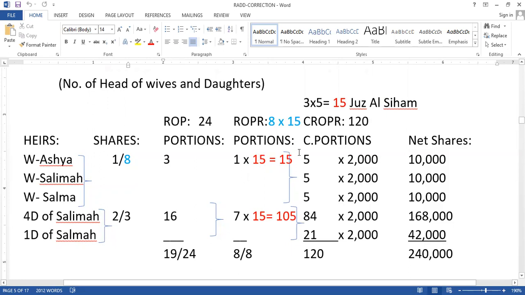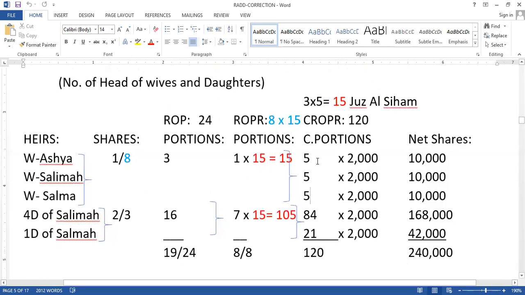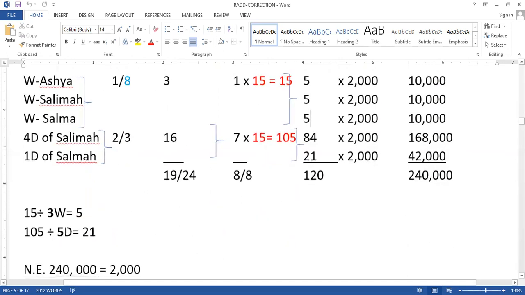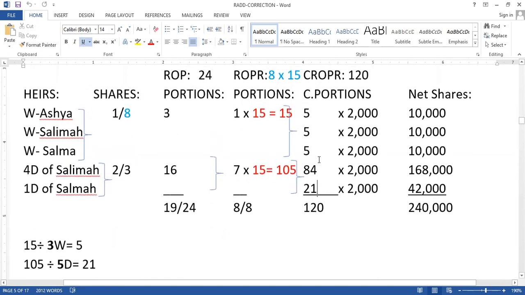So, meaning, dahil 15 ang share ng 3 wives divided by 3, ilalagay natin dito tag 5 na share nila. Tapos, okay, yung 5 daughters, 105 divided by 5 is equals to 21. So, ilagay natin dito sa anak ni Salma is 21 kasi mag-isa lang. Tapos, 21 times 4 is equals to 84 kasi nga 4 sila.